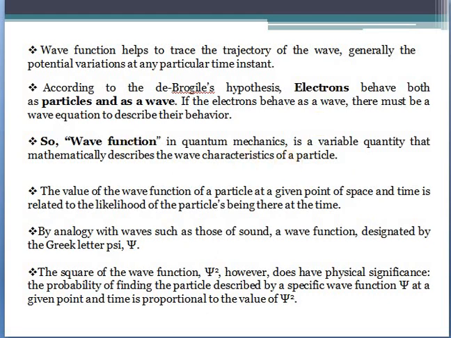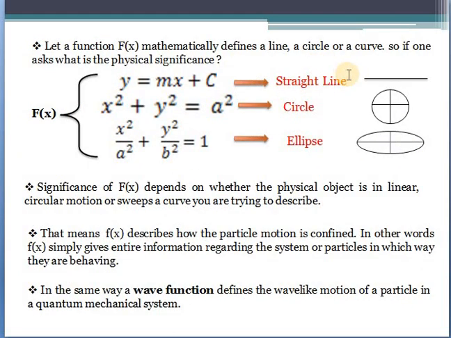Similar to how, if a particle is confined to move in a straight line, we represent it as y is equal to mx plus c, or if a particle is confined to move in a circle of radius a, we represent it in the form x square plus y square is equal to a square.